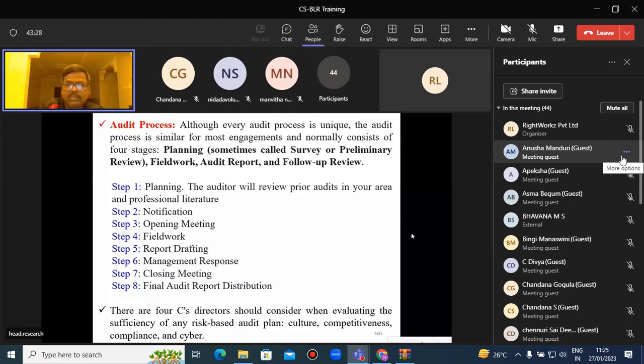What does the audit process consist of? The first one is planning. Planning is sometimes called survey or preliminary review. We are reviewing the security level of the company's information. That is the first step, planning.